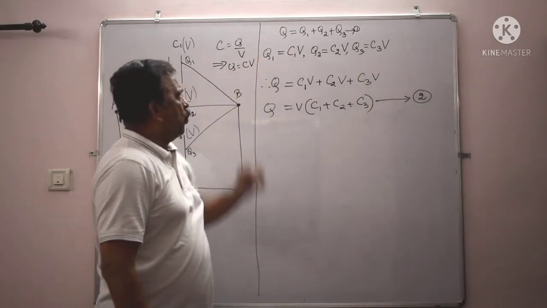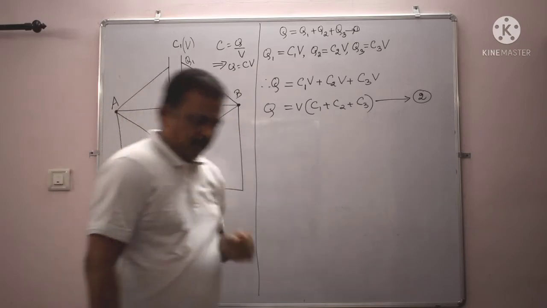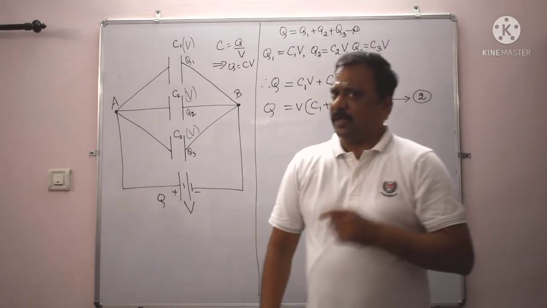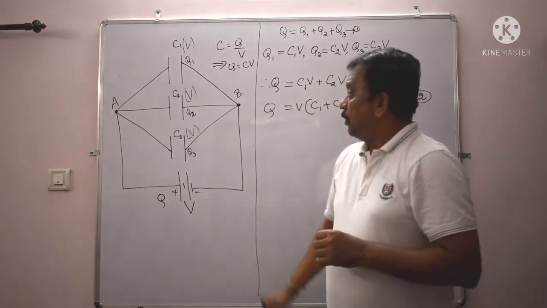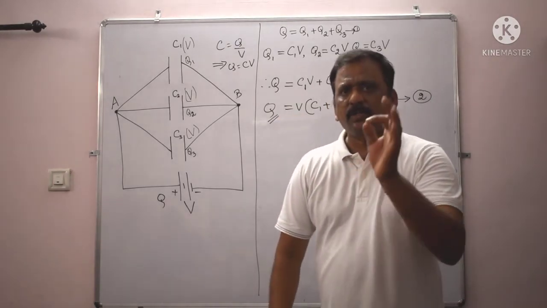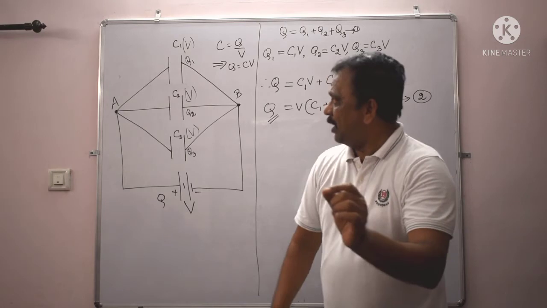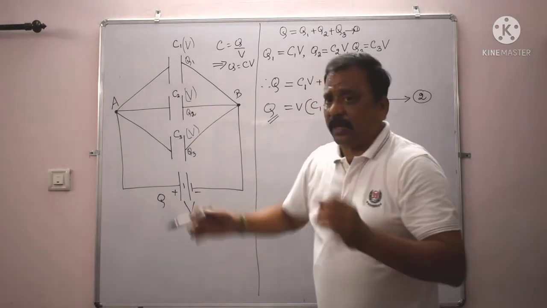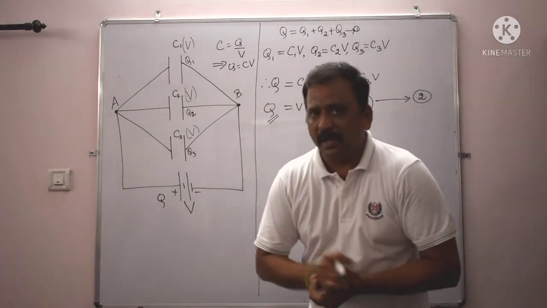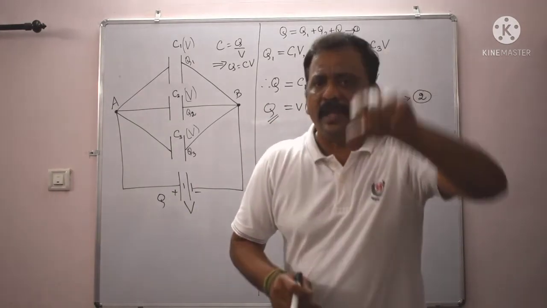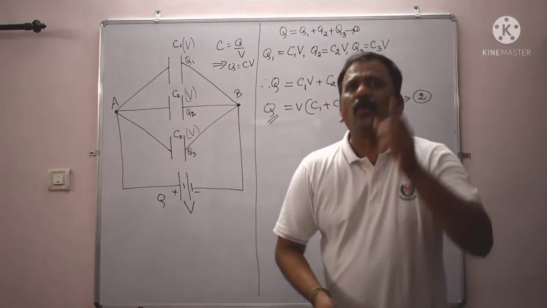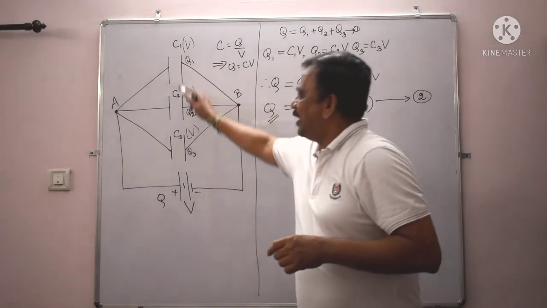Now what is Q1? Charge stored by the first capacitor. What is Q2? Charge stored by the second capacitor. What is Q3? Charge stored by the third capacitor. So what will be Q? It's the total charge stored by C1, C2 and C3 put together, or it is the total charge stored by the combination of the 3 capacitors, or the total capacitance of the 3 capacitors.